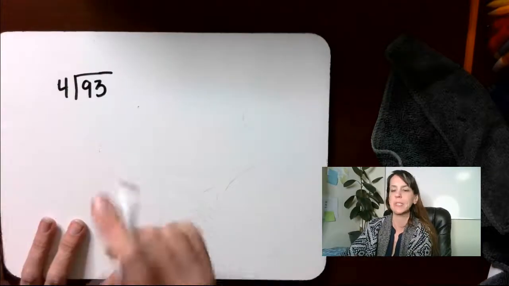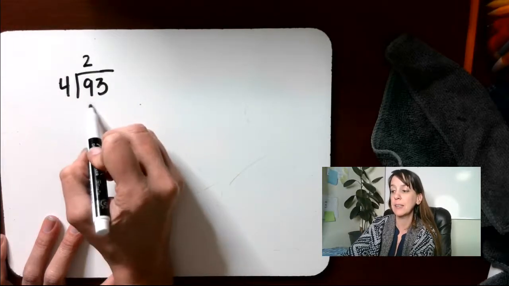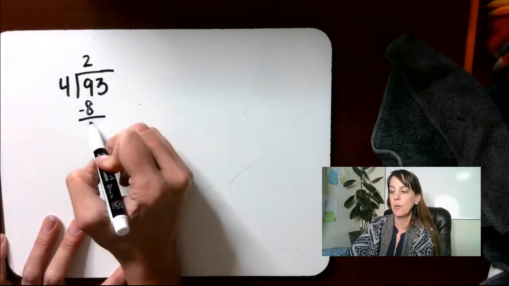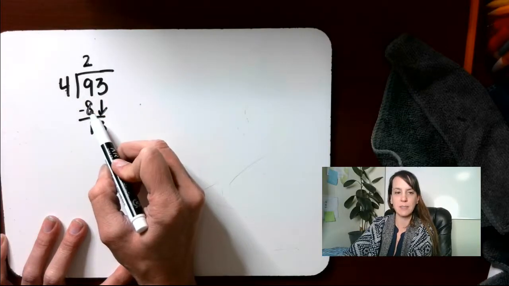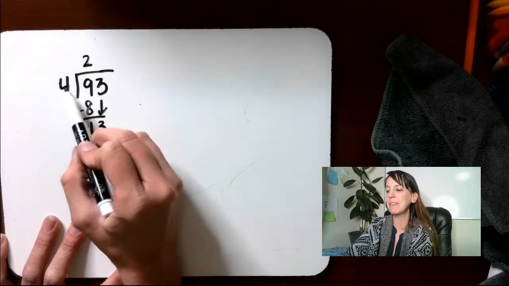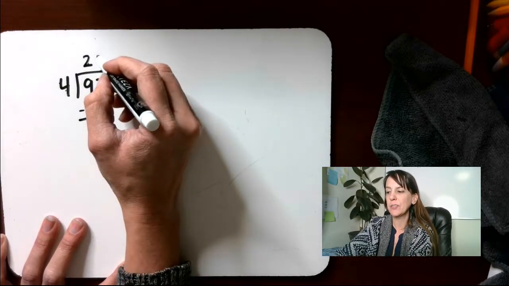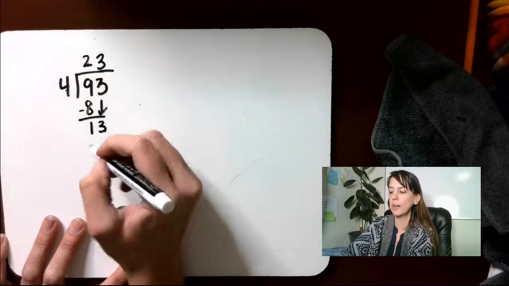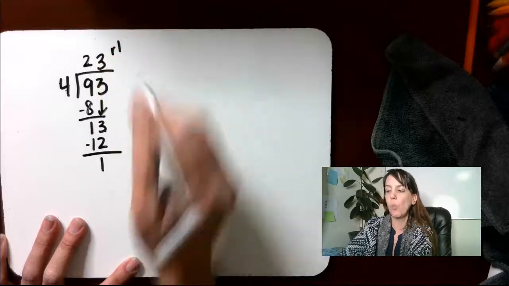All right, let's work through this. 4 goes into 9 2 times, and that equals 8. 1, bring down a 3. 2 times 4 is 8. Subtract, and when I subtract, I bring down the 3. 4 goes into 13 3 times. 3 times 4 is 12. That gives us a remainder of 1.